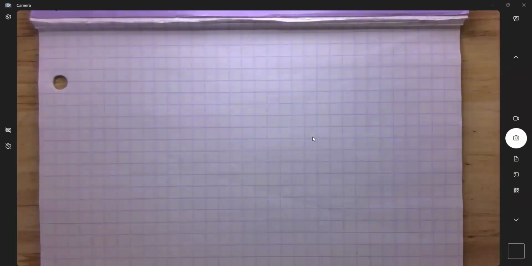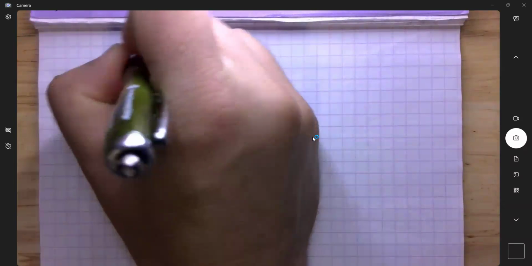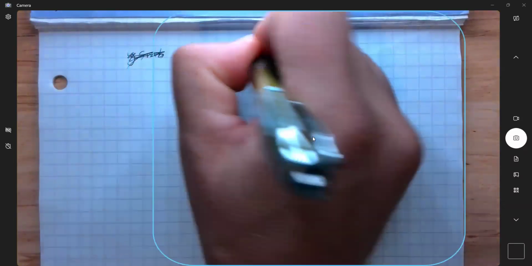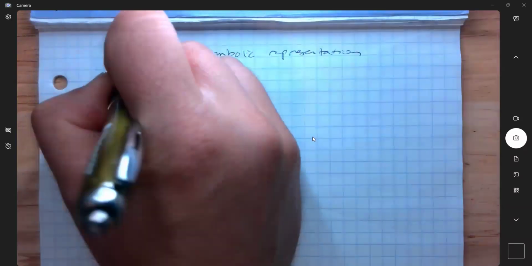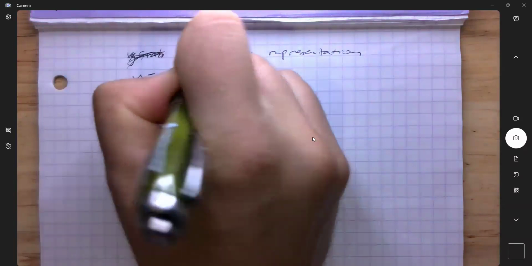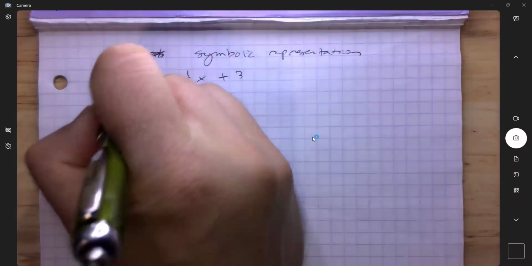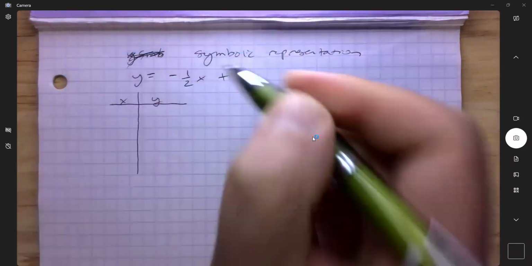With those representations, you can switch from one to the other. So if I have a symbolic representation, let's say y equals minus 1/2 x plus 3, I can build a table just by putting in numbers for x and seeing what I get out.